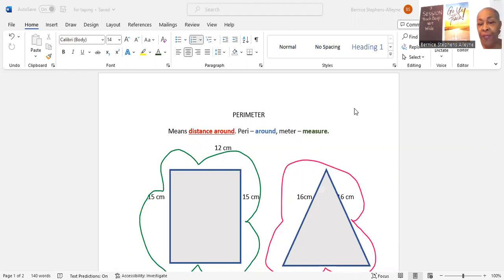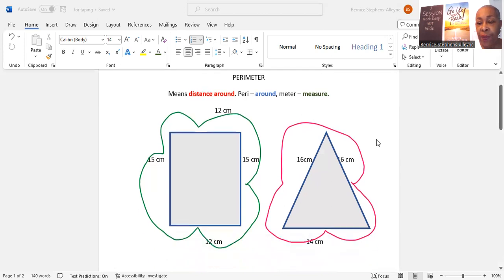So right now I'm telling the meaning of the word, and then we're going to explore the meaning in a little bit of an experiment. So we are using both deductive and inductive methods of teaching. They have their place. So perimeter, the peri means around, and the meter means measure. So we are literally measuring around.